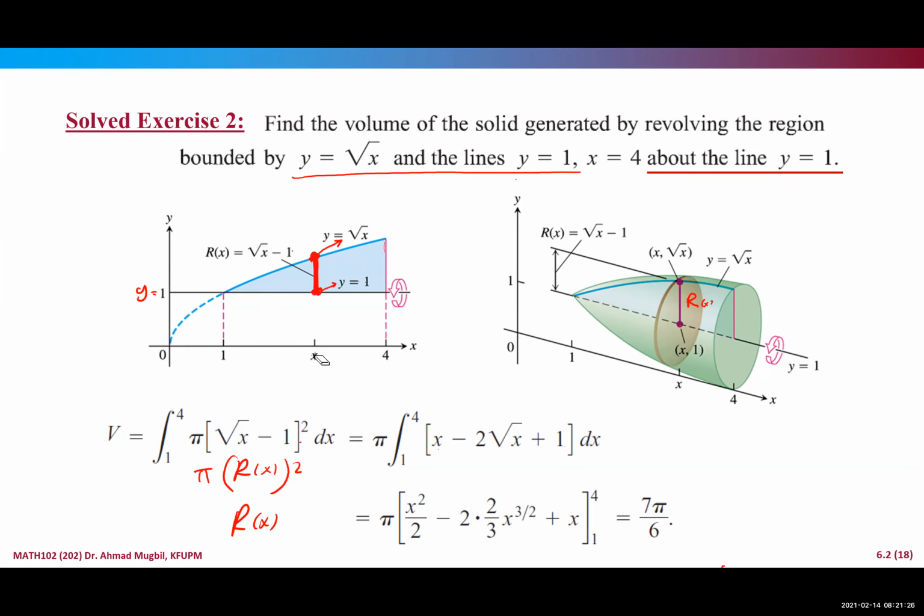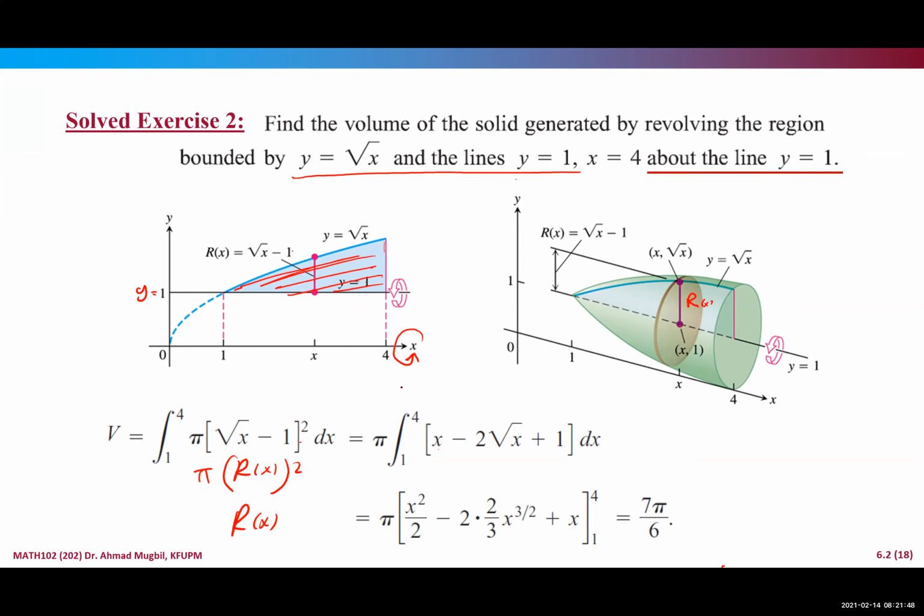Now, I can ask you a question. This question, we will answer it in the next section, in 6.3. What about if we have the same region, but the axis of rotation is not y equals 1? It is y equals 0, the x-axis.